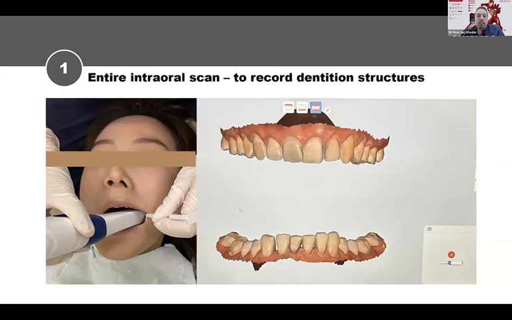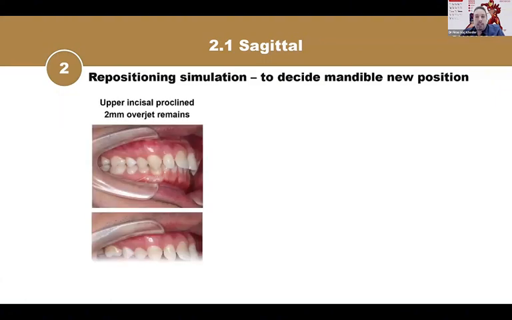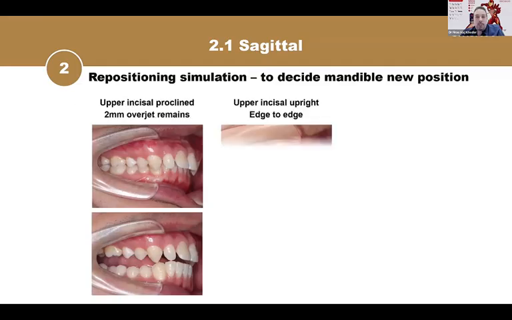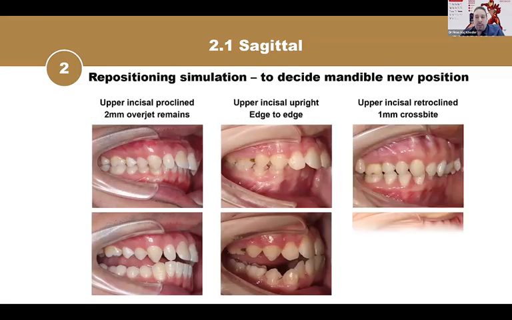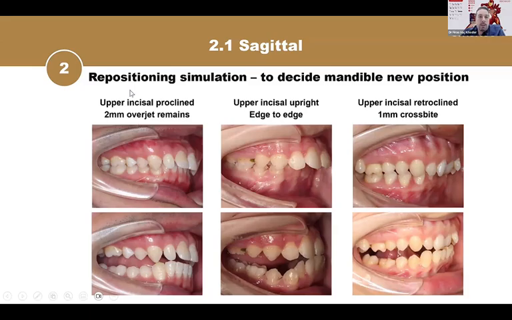So firstly, we have to take a full scan, upper and lower. Number 2, repositioning simulation to decide the mandible's new position. So in the first one, the upper incisor is a little bit proclined, so we need 2 millimeters of overjet to remain so we can get enough space to correct the inclination of the upper incisors.